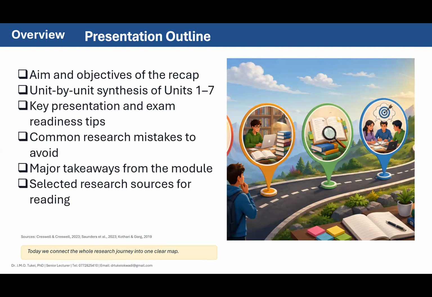A student may understand sampling, but still produces a weak study if the sample does not match the population, objectives, and even design. So the outline reminds us that the study quality comes from the whole chain, not one isolated technique. That's what I want us to understand about this specific unit that we are recapping today.